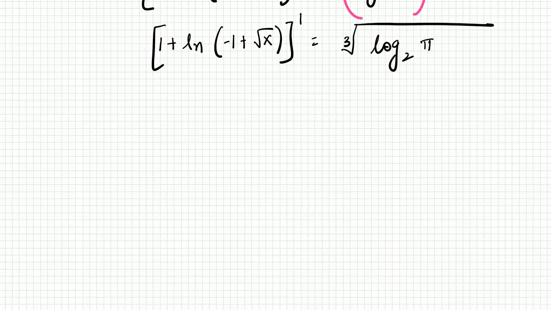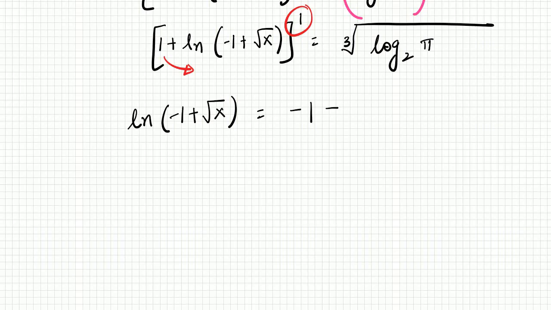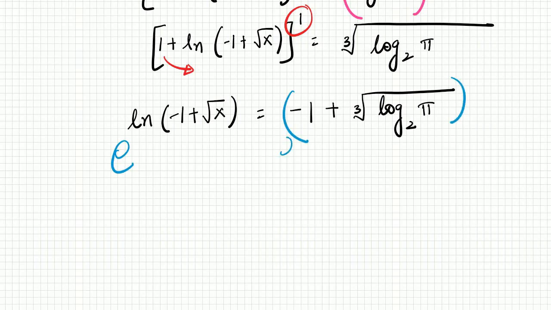So moving on, what can I do now? This 1 goes to that side, and let me write it as natural log of (minus 1 plus root x) equals minus 1 plus the cube root of log base 2 pi. Now I take e to the power of this whole thing.